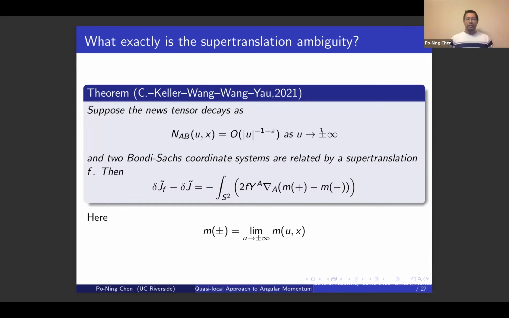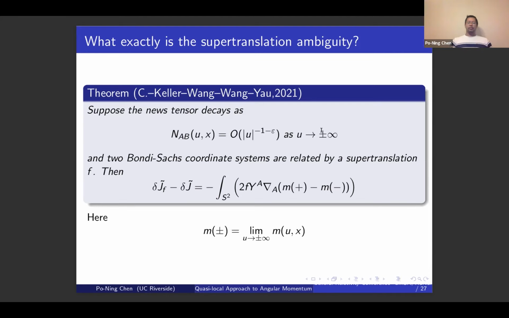So here is the recent result with Jordan Keller, Mu-Tao Wang, and Shing-Tung Yau. So assuming that the news tensor decays as follows, which is u to the power -1 minus epsilon, and suppose I have two boundary coordinate systems u and u bar, which are related by a supertranslation f.